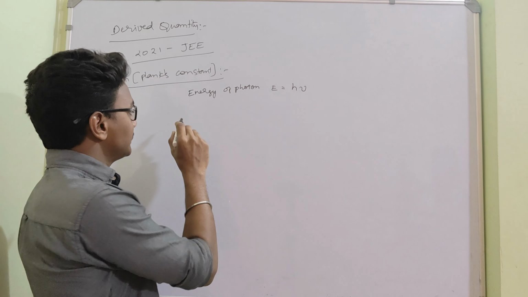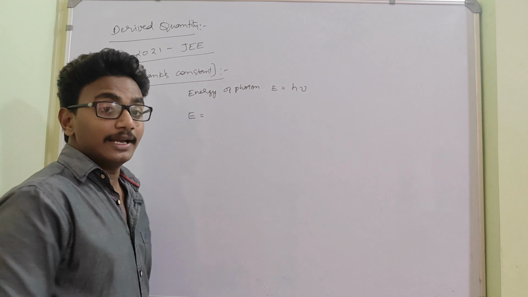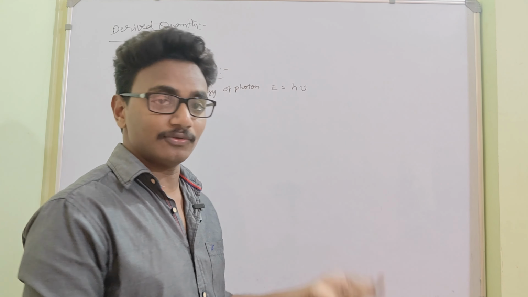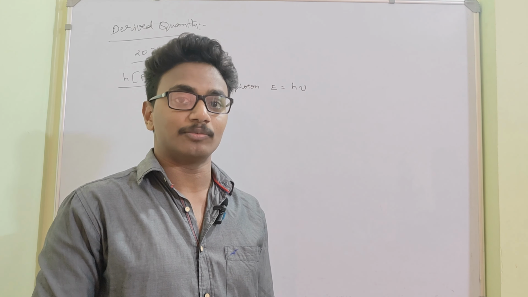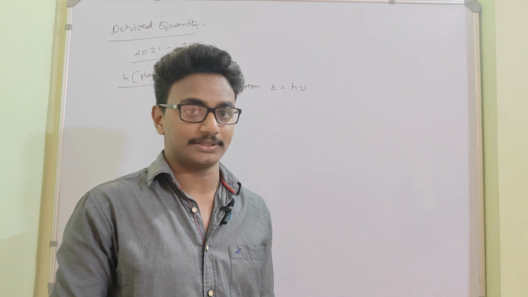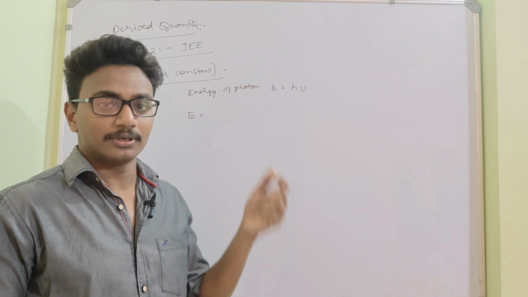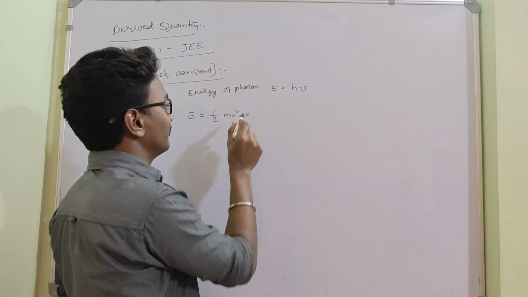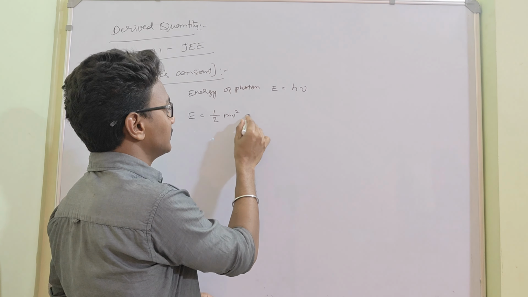What are the units of energy? Any kind of energy has the same units, either energy of photon or kinetic energy or potential energy or spring energy. So I'll take kinetic energy as an example because it's easy to derive: half m v square. m is the mass, v is the velocity.